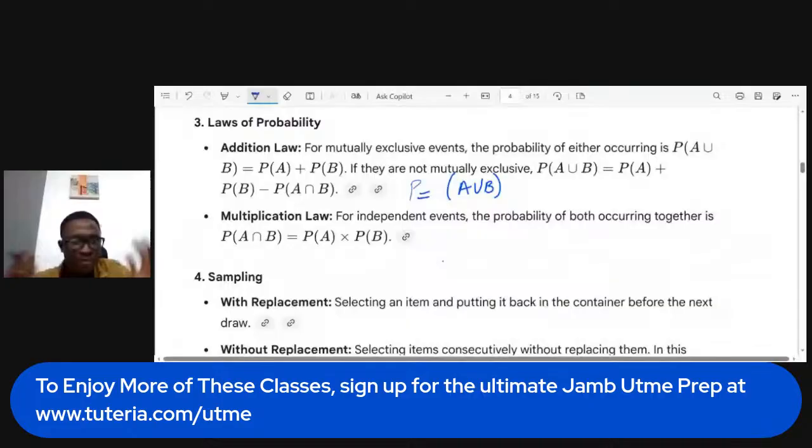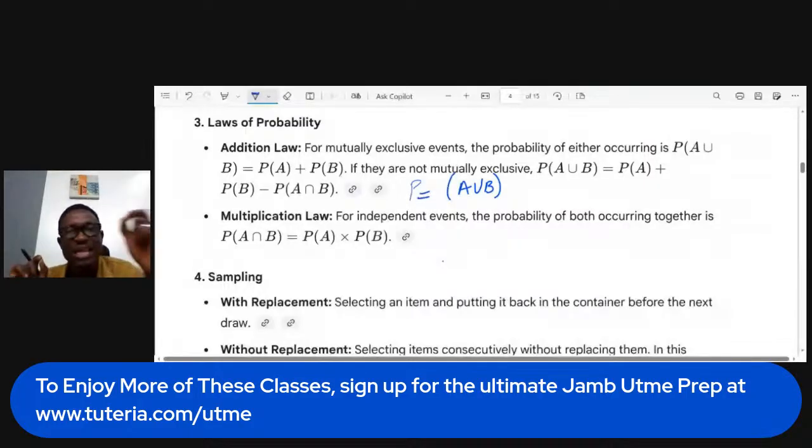All the elements of that set. So we are not dealing with sets now. This is probability. So I'm just bringing it down to probability. So A union B in probability is saying probability that A or B or both will occur. And "or" in probability is the addition, plus. Always remember this.